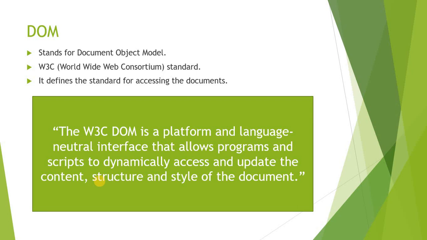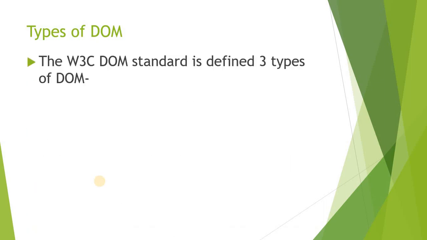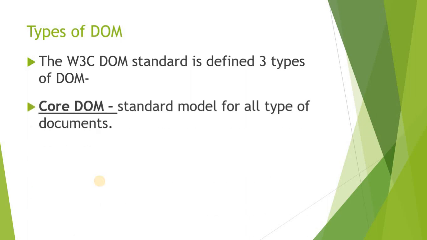According to W3C, DOM is a platform and language neutral interface that allows programs and scripts to dynamically access and update the content, structure, and style of the document. Types of DOM: the W3C DOM standard defines three types of DOMs.